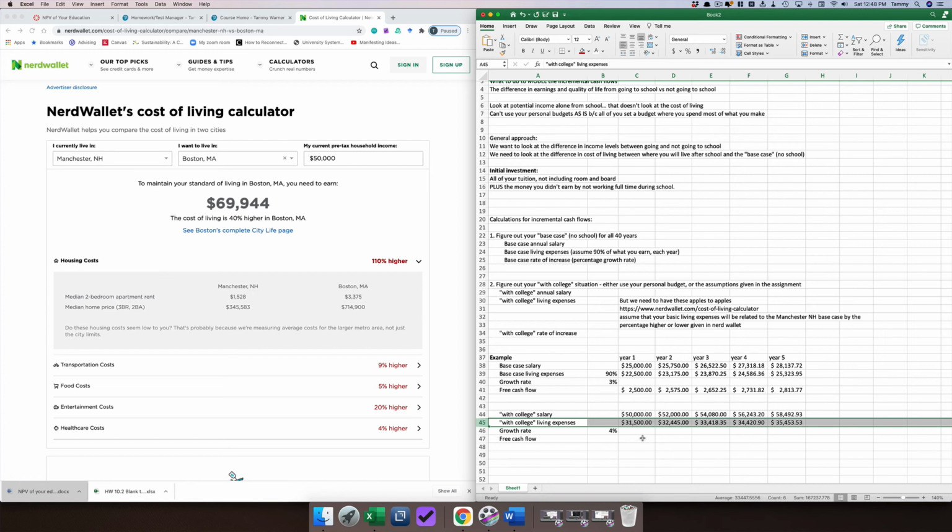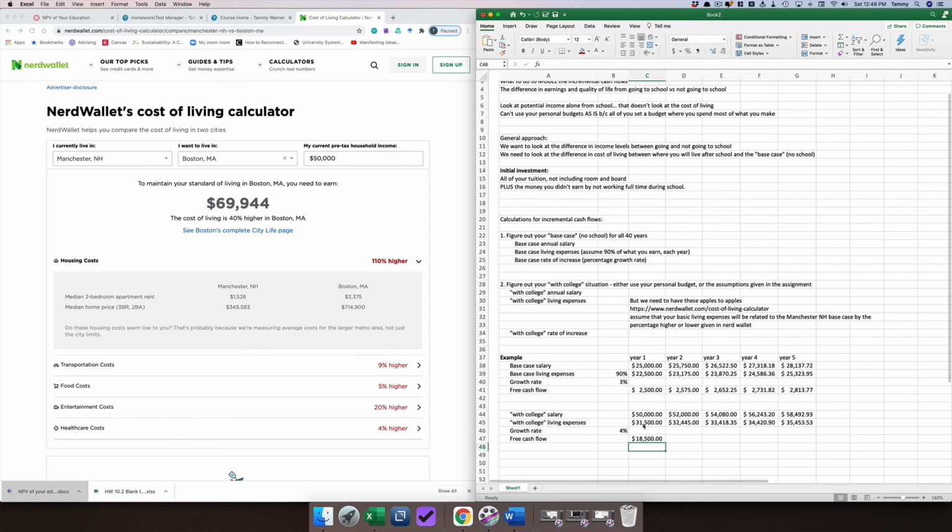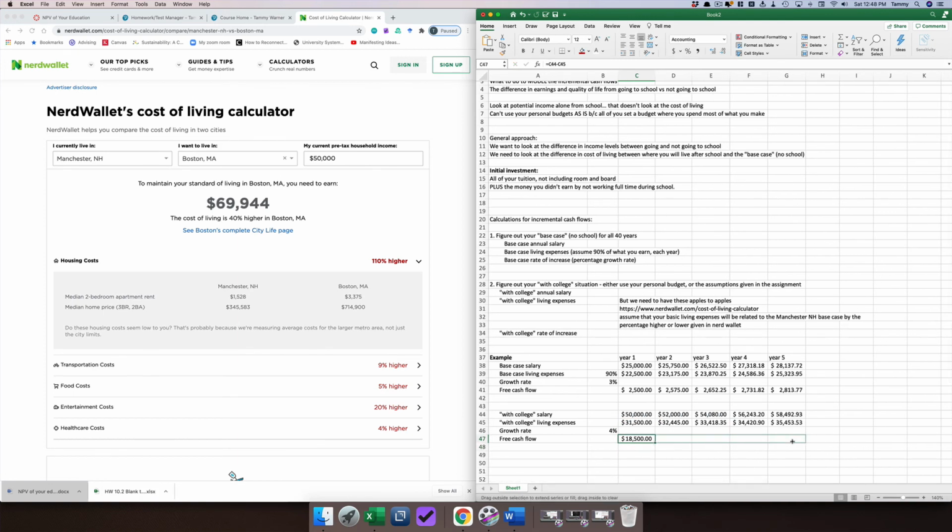So we can go ahead and figure out our free cash flow differential. Okay, so if you don't go to college, in this oversimplified example, you've got $2,500 extra at the end of the year that you could spend on whatever you want. If you do go to college, you've got $20,000 or so extra above your basic needs that you could spend on things like a nicer apartment or vacations or getting your nails done or investments or whatever.